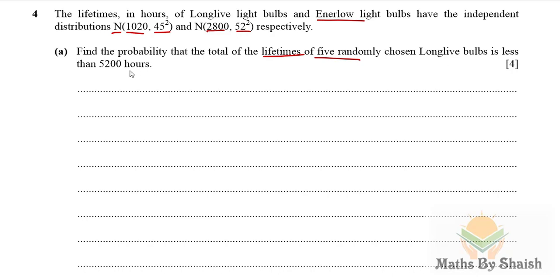less than 5200 hours. We are taking 5 observations, so we can take them as L1, L2, L3, L4, L5. If we take the total as a random variable, the parameters would be 5 times 1020 and 5 times 45².